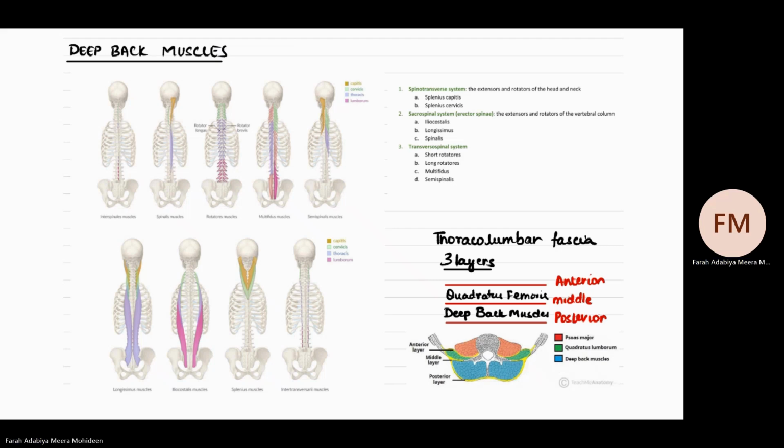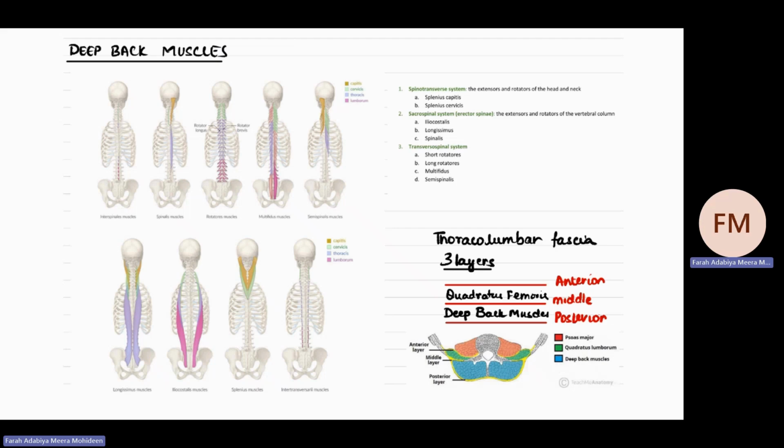And iliocostalis basically has a lumborum part, thoracic part, and a cervical part. The longissimus muscle has the thoracic part, cervical part, and the capitis part. And your spinalis muscle has thoracic part, cervical part, and your capitis part.